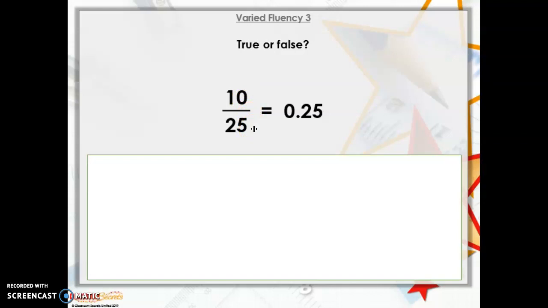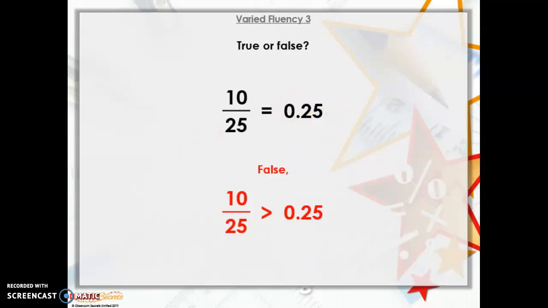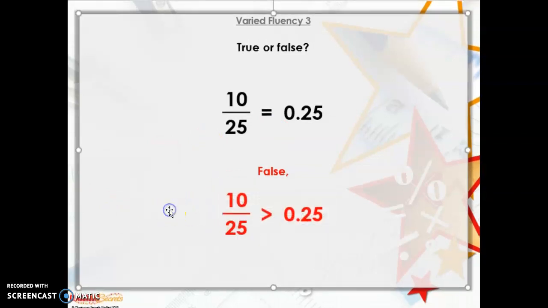I hope you will then be able to recognise that 40 over 100 is 40% or 0.4 or 0.40, which is not 0.25. Okay, meaning that this fraction here is greater than 0.25, because it's 40 over 100. So the answer is false.